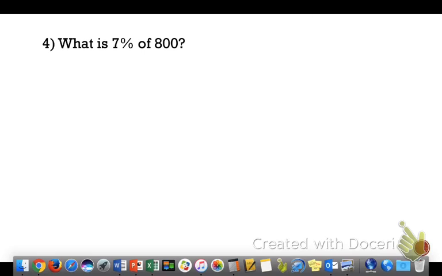Let's look at a few more percent problems. What is 7% of 800? So we can use that method of setting up a percent proportion. So we'll take our percent compared to 100. And then what is, so we don't know this part, but of, we're using 800 again. So use cross multiplying.